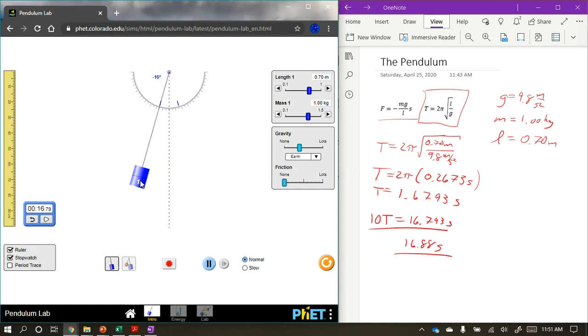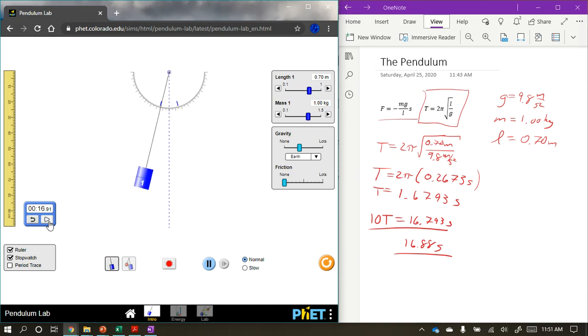If I go up here to 15 degrees, it'll come out to be the same. 1, 2, 3, 4, 5, 6, 7, 8, 9, 10. 16.91, so not bad at all.